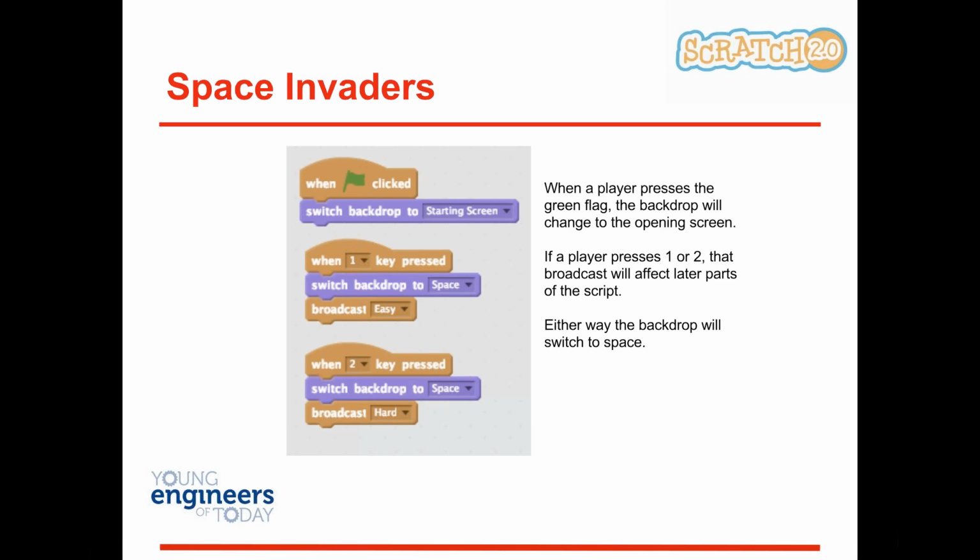Basically, I think most people have this done already, so just reviewing: you're activating the start screen. So on your start screen, you'll switch the backdrop, and then when you press key 1, it'll switch the background to space, and that's our one with the stars, and we'll broadcast easy. When the 2 key is pressed, we'll switch backdrop to space and broadcast hard, all right?